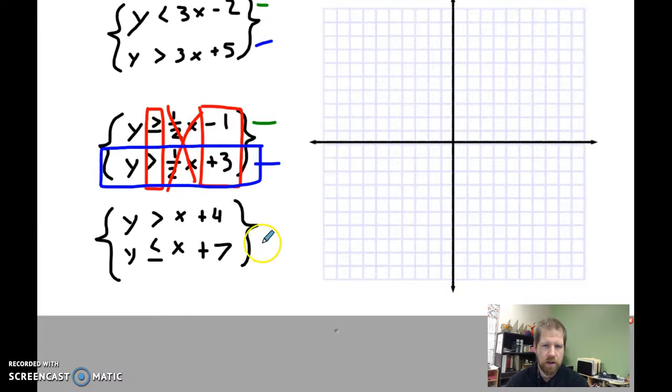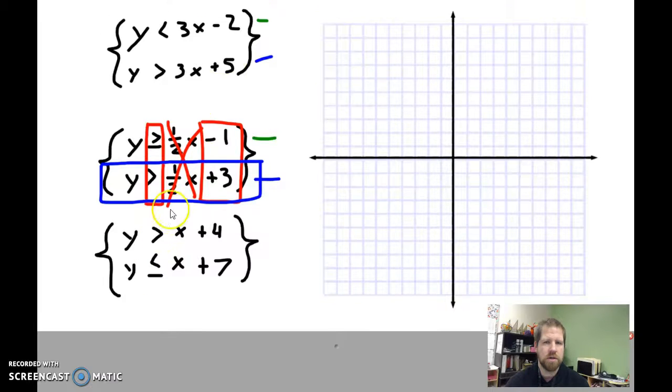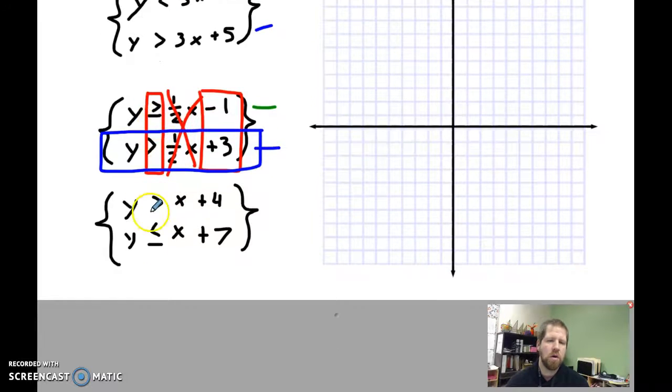All right, and now last one. Try and go quick. They're pointing away from each other. Okay, so I know I'm not going to have the same situation I had here. All right, I know it's either going to be pointing away from each other and no solution, like I did up here, or pointing towards each other, right, and overlapping.